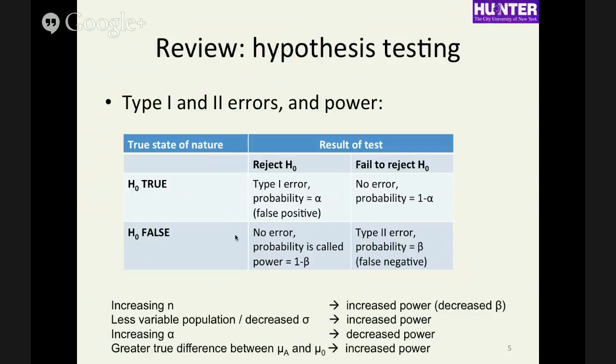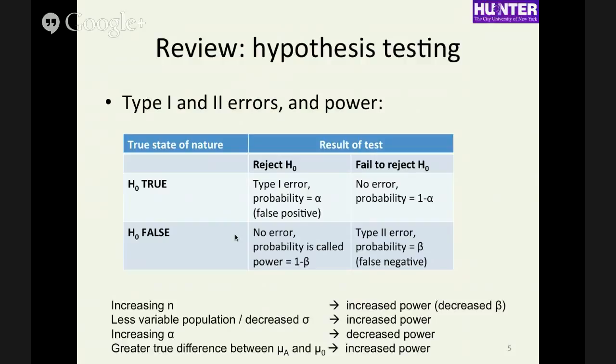And power is, if the alternative hypothesis is true, your probability that you will actually reject the null. And there are these relationships between your study design and your type 1 error rate and the power.